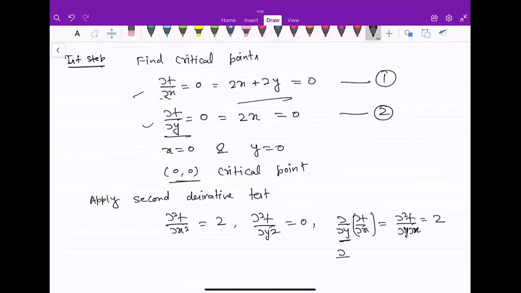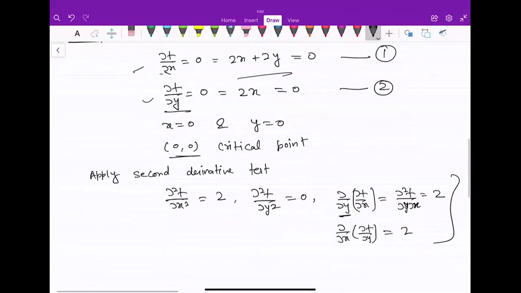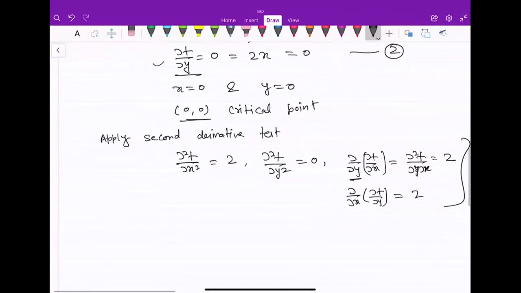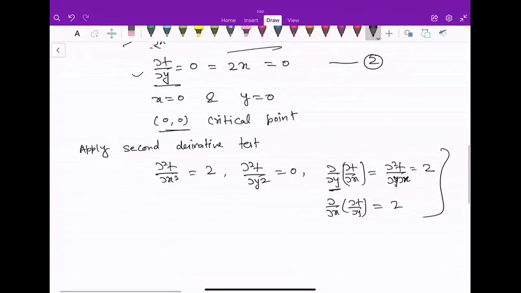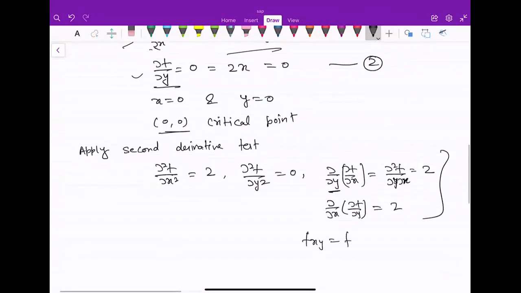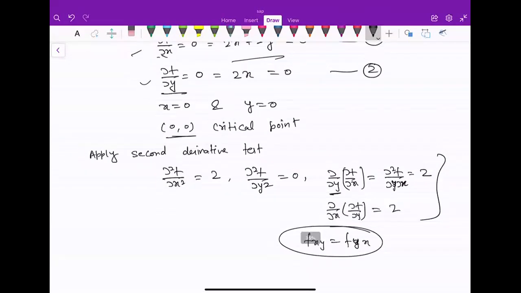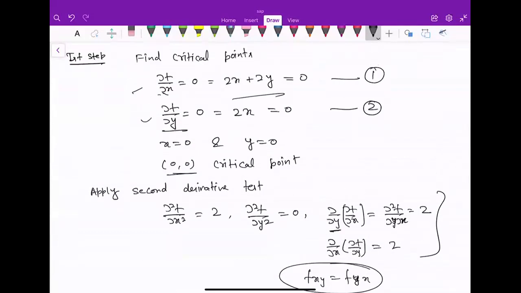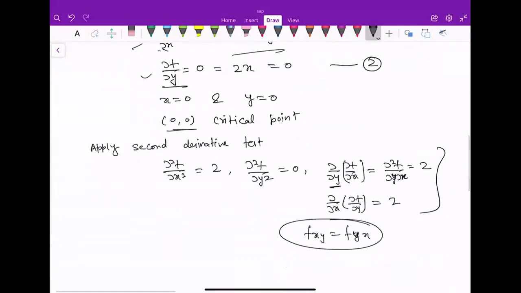You can also differentiate del f over del y with respect to x, and you will also get 2. When are they equal? fxy and fyx are equal when the function is continuous. Since these are polynomials, they will be equal.